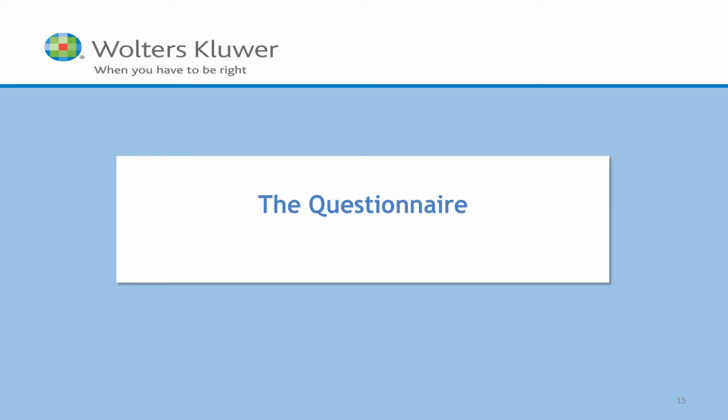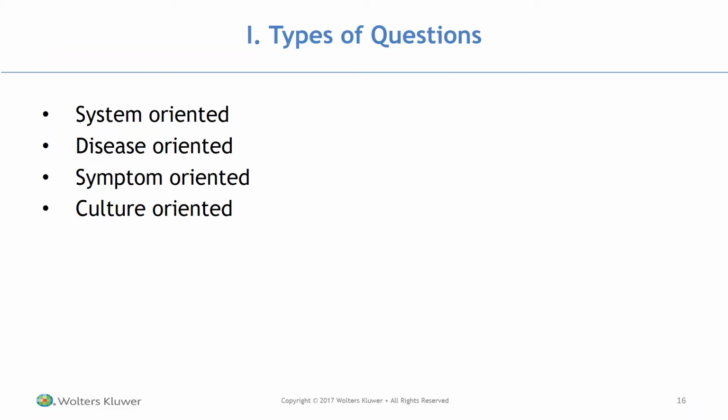All right, the questionnaire. Okay, so now let's talk about the types of questions. Generally, we're going to see system-oriented, and that's when the questions are grouped together for one reason or another. So a lot of them will do system-oriented organization, and that would be like the respiratory system.